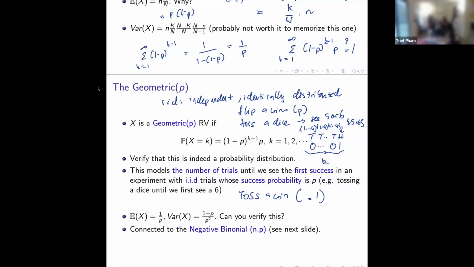Then it's a common statement, people say this without even backing it up with any reason: you have to wait about 10 tosses to see a head. That's actually a common statement.